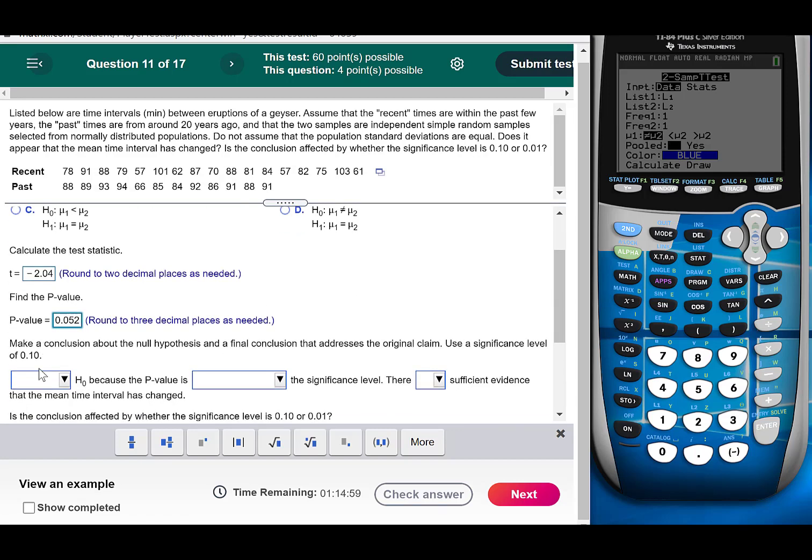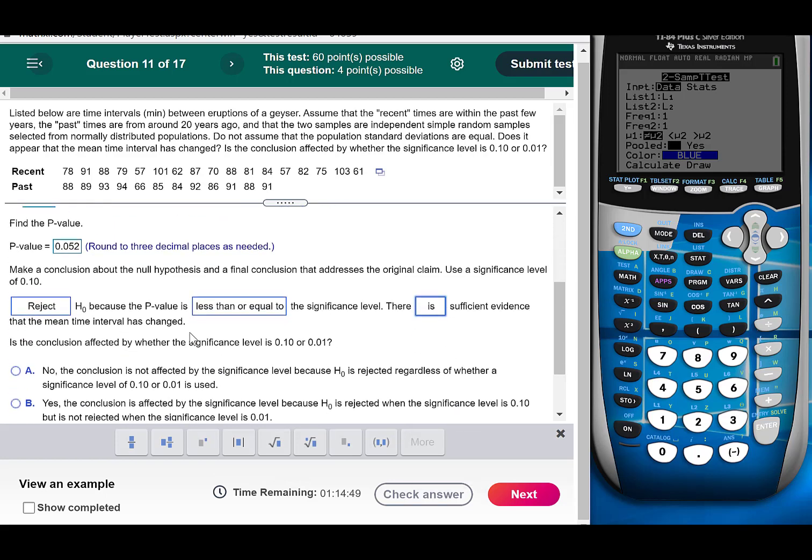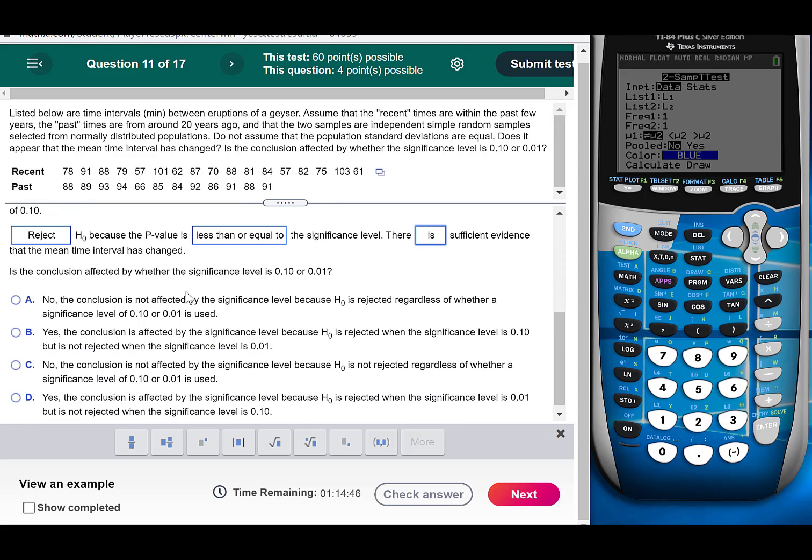So for 0.10, reject H0 because the p-value is less than or equal to significance level alpha. There is enough evidence. Yes, the conclusion is affected by the significance level alpha, because if alpha was 0.01, we will fail to reject the null hypothesis.